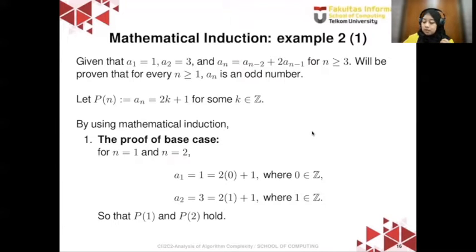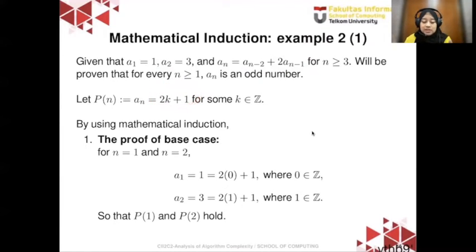Okay, and here, because we want to prove for n at least 1, we will prove for n is 1 and n is 2. n is 1 means that a_1 is equal to 1, and we can write it as 2 times 0 plus 1, which is exactly what it is, where k is equal to 0.